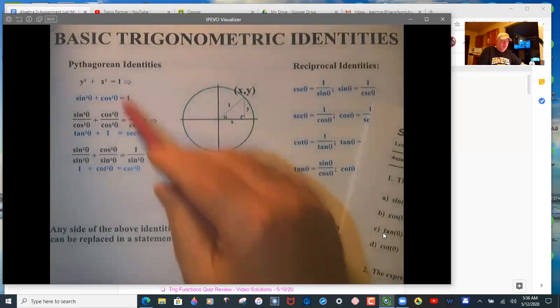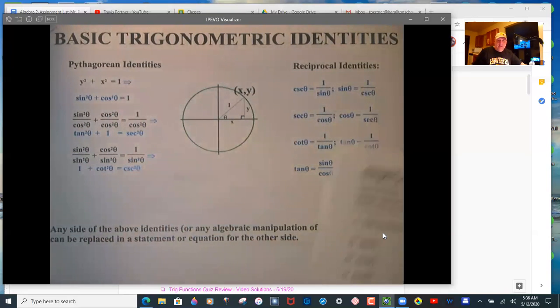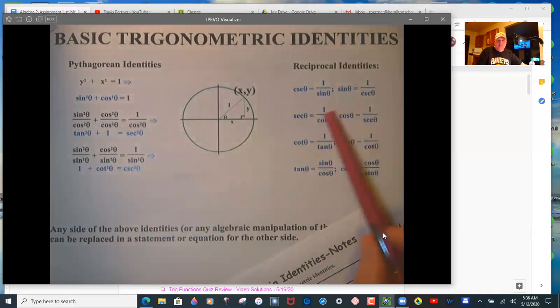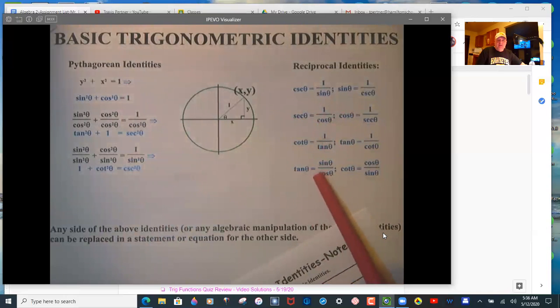So there are 3 what are called Pythagorean identities, and then reciprocal identities. There's actually 6 of them, okay, and they go back and forth here. And then the definition of tangent and cotangent in terms of sine and cosine.